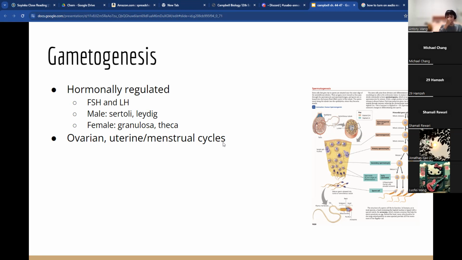I'm blanking so hard on what it's called. Whereas the ovarian cycle depicts the changes, the fluctuations in hormones, the rupturing of follicles, the development of follicles. Yeah, so there's a diagram with the exact times in Campbell's if you're interested. I need to move on.